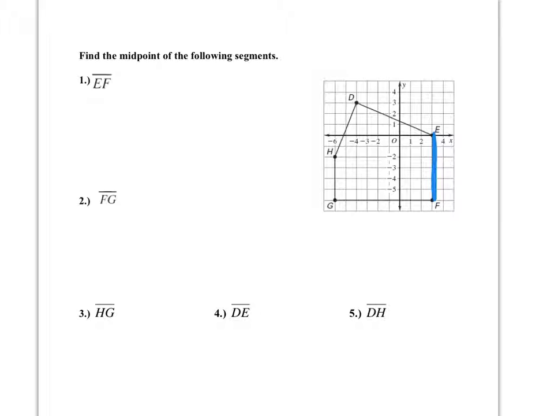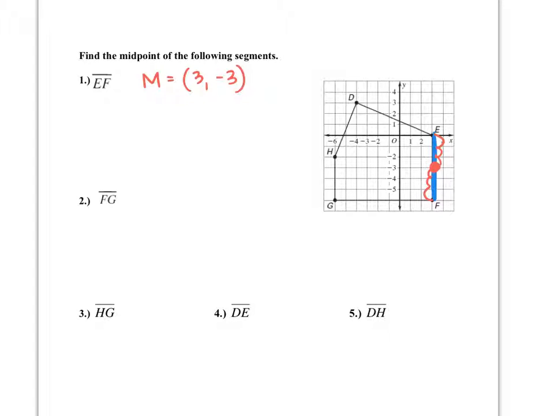Now, this is a good example of one where, because we have the graph, by all means, if you want to count like this to figure out the midpoint, and you can say that the midpoint of that line segment is (3, -3), you can absolutely do that. The issue is, if it's not a horizontal line or a vertical line, then we really need our midpoint formula to find exactly where it is.